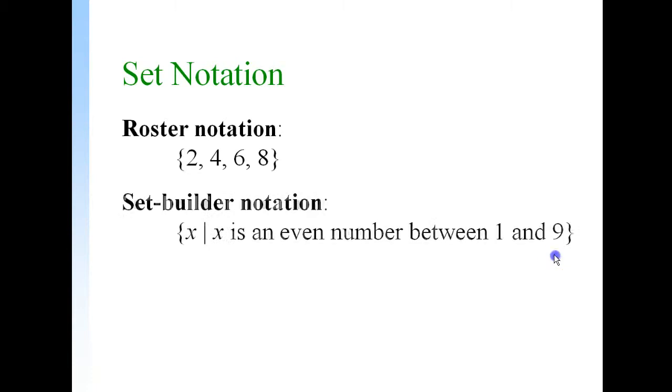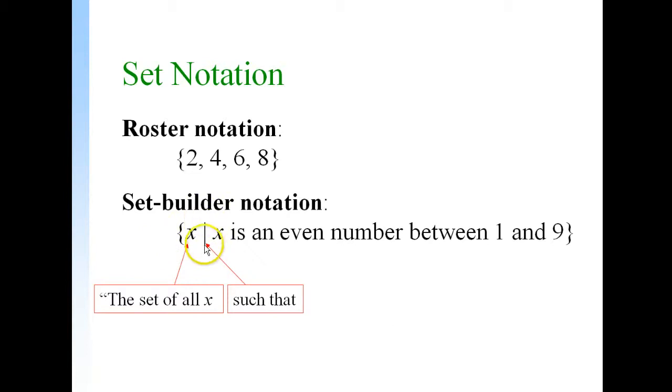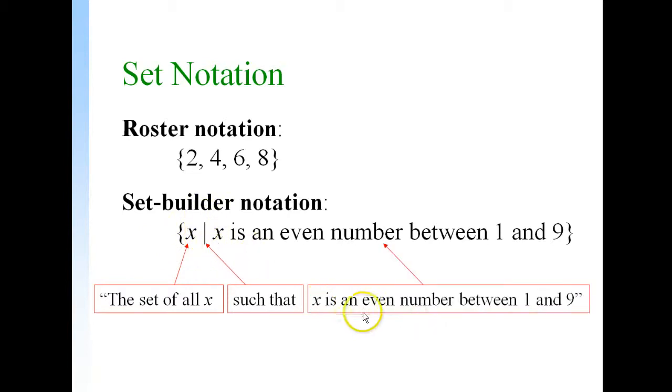Now, what would this actually be the roster of? Well, for that, we use what is called set builder notation, where we say the set of all x such that, that's the vertical line there, x is an even number between 1 and 9.